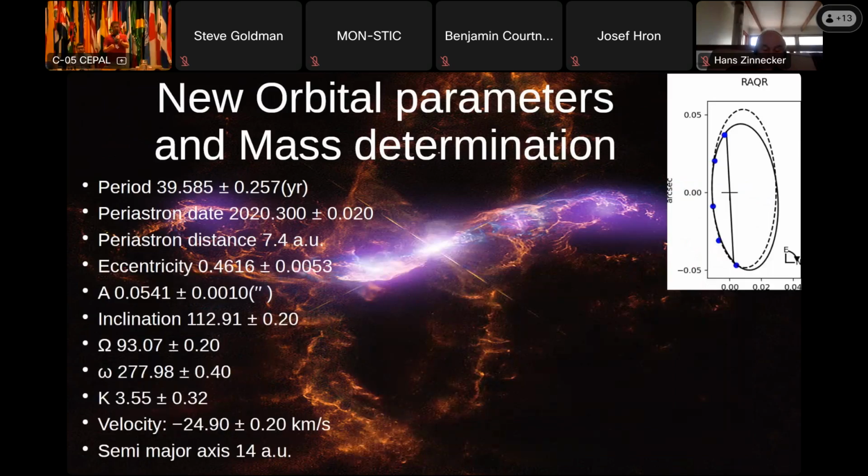So with that, we go back to the program of Pedro, and we find these new orbital parameters with a period of 39 years, a periastron in 2020.3, an eccentricity of 0.4, a velocity of minus 24.9, a semi-axis, and so on.